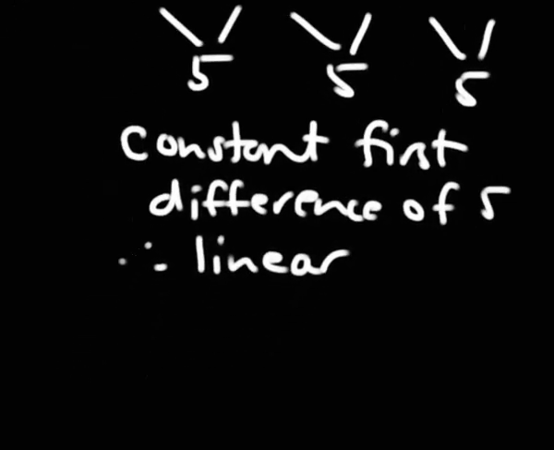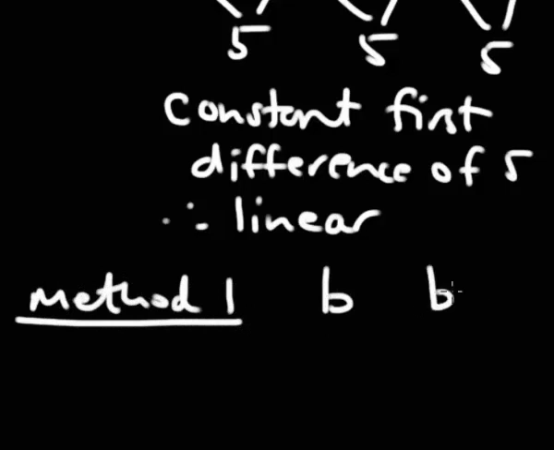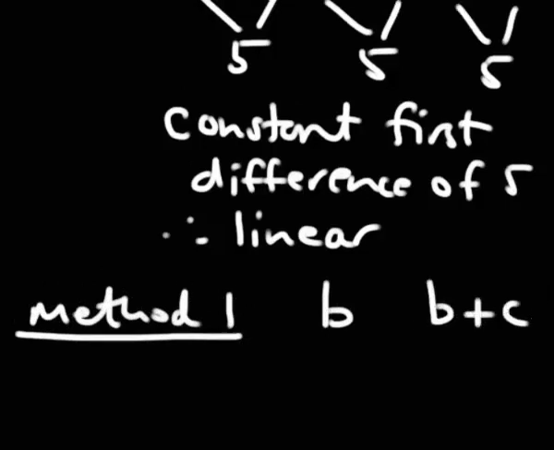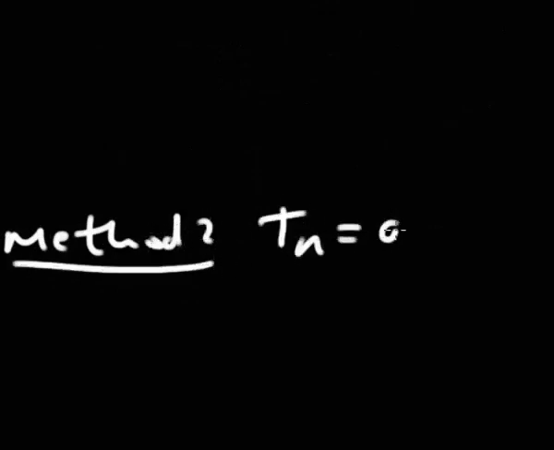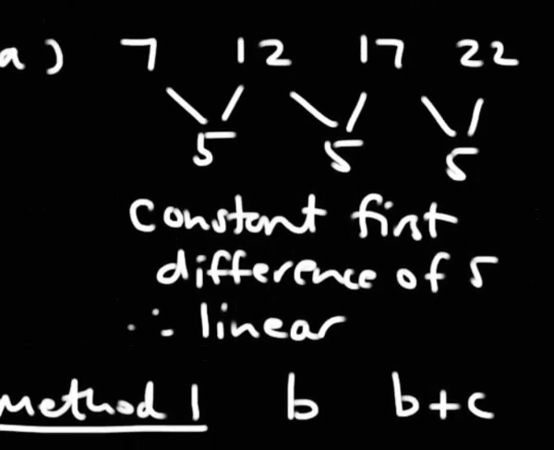Now to get the nth term, what can we do? There's two methods. We're going to use method 1, which is the B plus C method, and then we can also use method 2, which is going to give us the Tn is a plus n minus 1d method. So let's do the Bn plus C method. How do we do that?